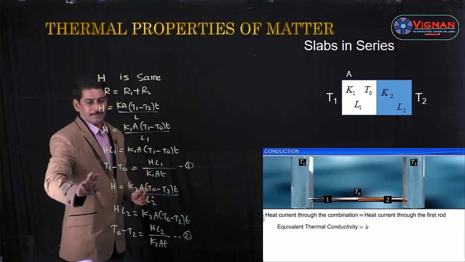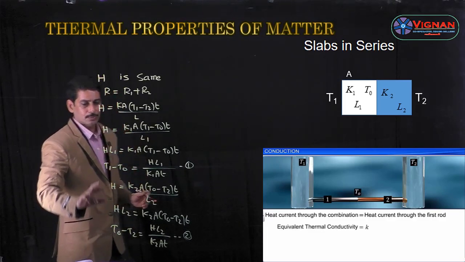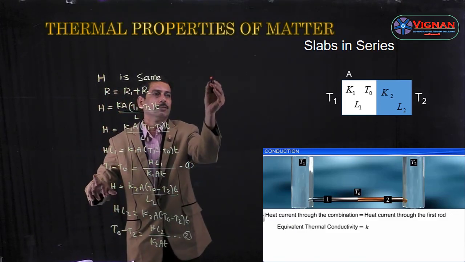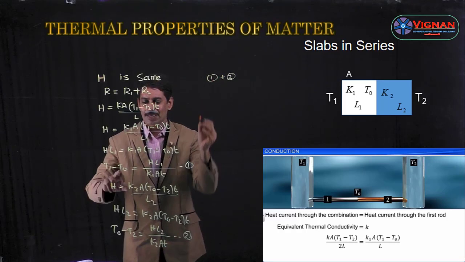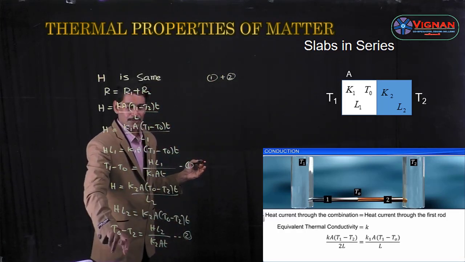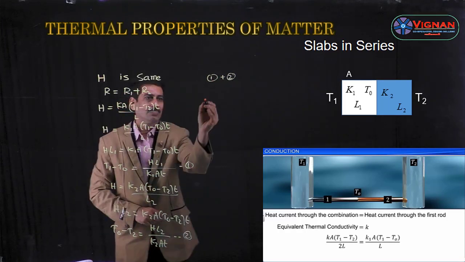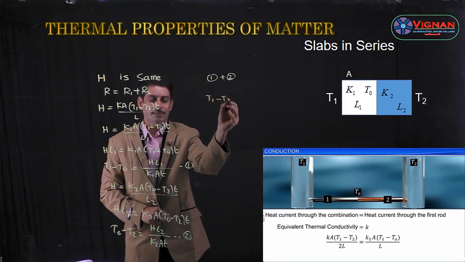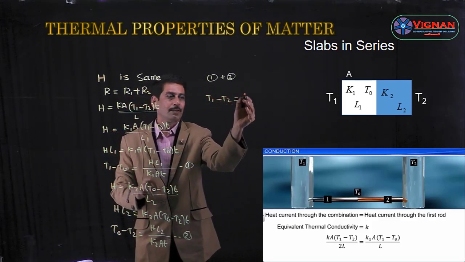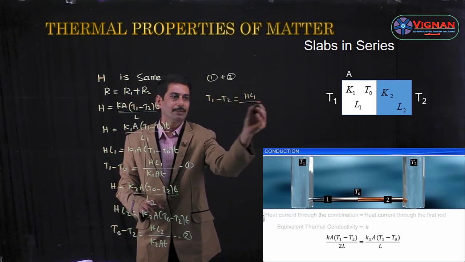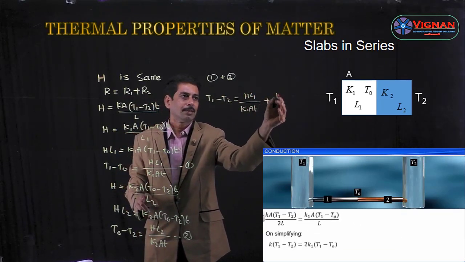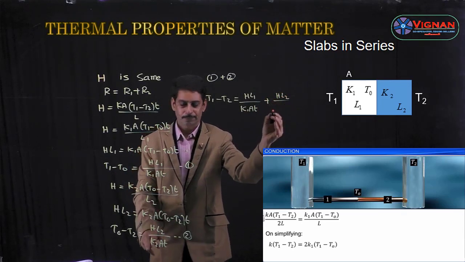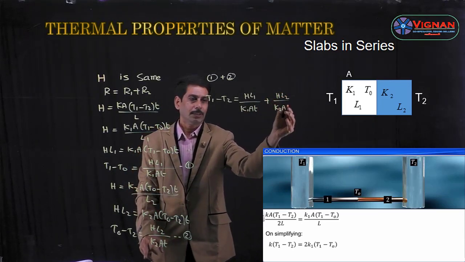Now we have two equations, equation 1 and equation 2. So add equation 1 and 2. So T1 minus T0 plus T0 minus T2. So T0 gets cancelled. So you get T1 minus T2 is equal to H L1 by K1 A t plus H L2 by K2 A t.